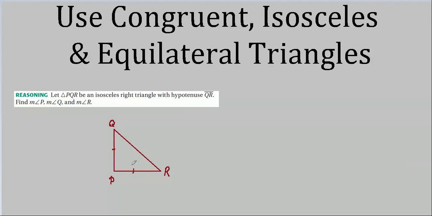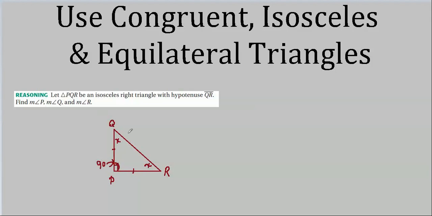Well, this is going to be kind of easy, I think. Why? Well, we know this is a 90-degree angle, right? Okay. We know that these 2 are equal, so we don't know what they are. We know that they're x. And we know that this here is 90. Well, that looks more like a curve than a right angle, doesn't it? Sort of. So can we find all of these angles?